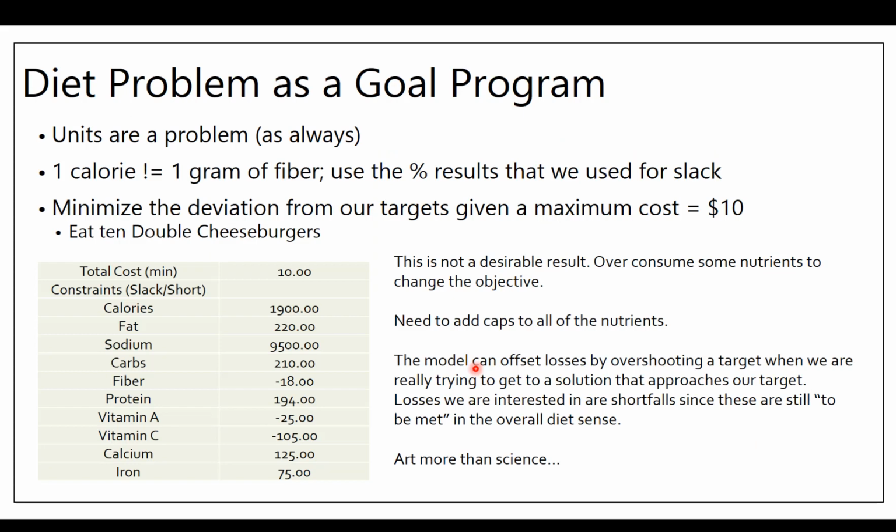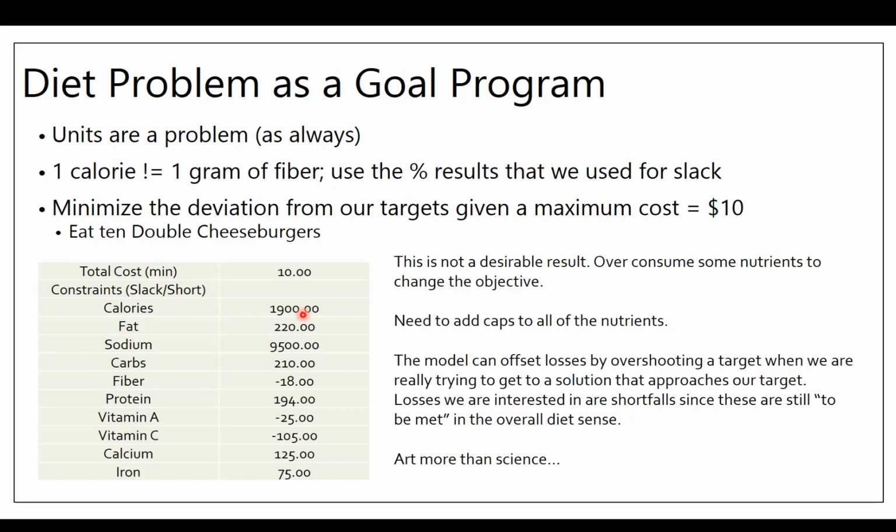And so we ran through this. We got rid of the issue that a calorie does not equal a gram of fiber, used those percentage results, ran this, and saw that on $10, this would be the slack outcome you got. But the problem here was we had both positive slack and negative slack.